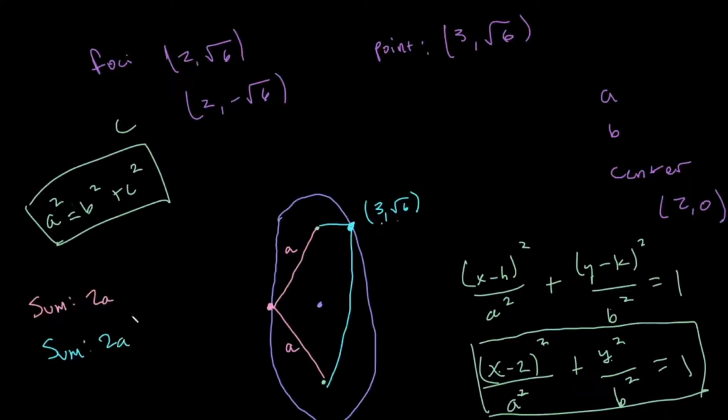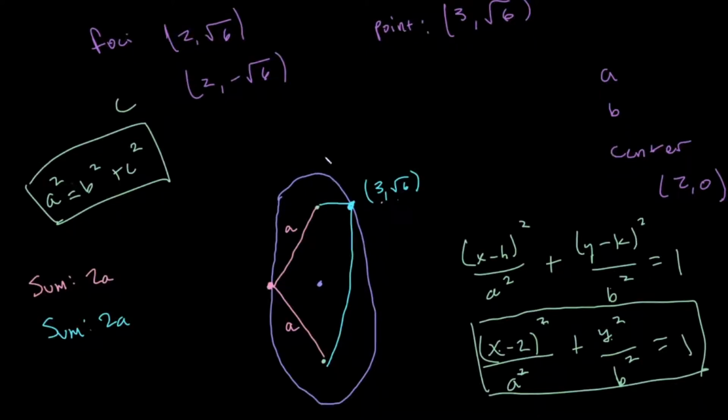Otherwise, it's not a proper ellipse, right? The definition of an ellipse is predicated on this relationship that the sum of these legs is always the same for any point on the ellipse. So I'm going to find the distance between these 2 points, and the distance between these 2 points, and then set the sum equal to 2a, and then I will get the value for a.